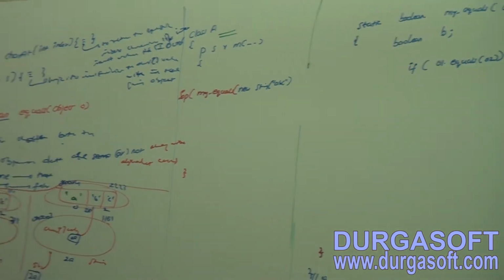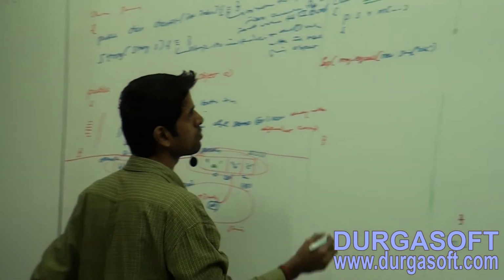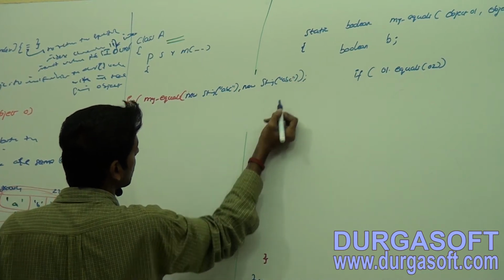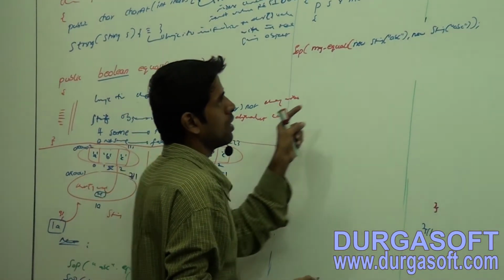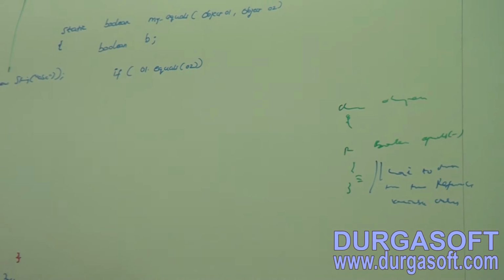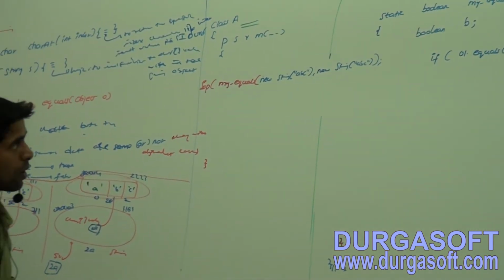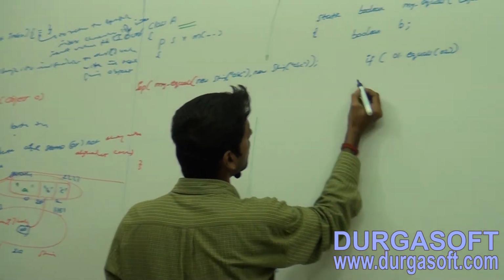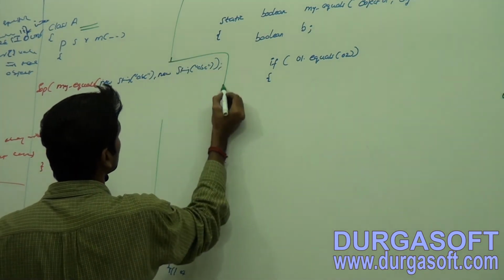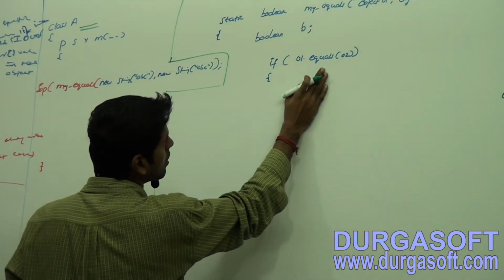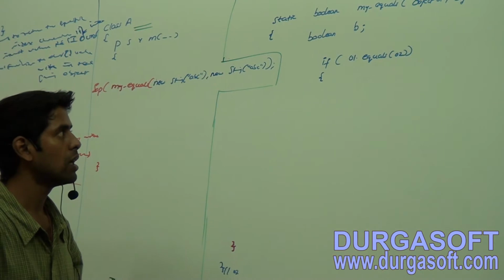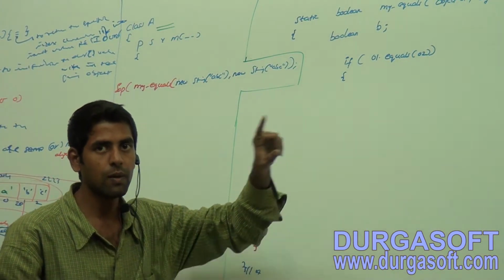Think that this is 1A. Now the other one, new String of ABC, this is 2A. Here 1A is there, 2A is there. Now if I use O1 dot equals of O2, I have one small doubt: which method will execute?